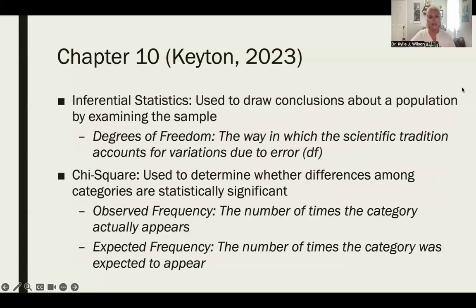All right, chapter 10, talking about inferential statistics. We use these to draw our conclusions about a population by examining that sample. So we have degrees of freedom, or DF. This is the way in which the scientific tradition accounts for variation due to error.